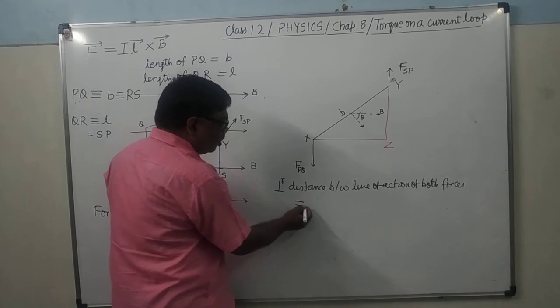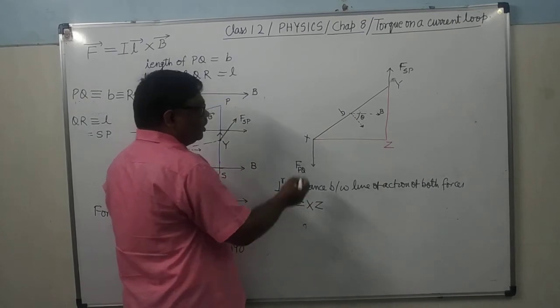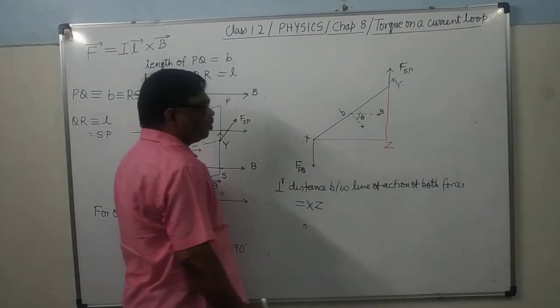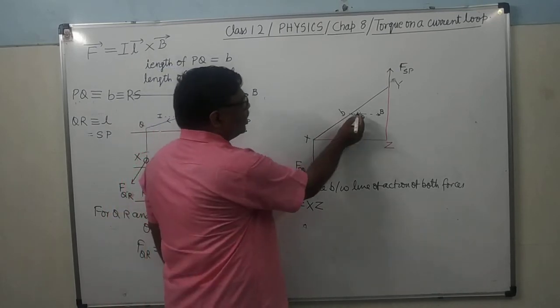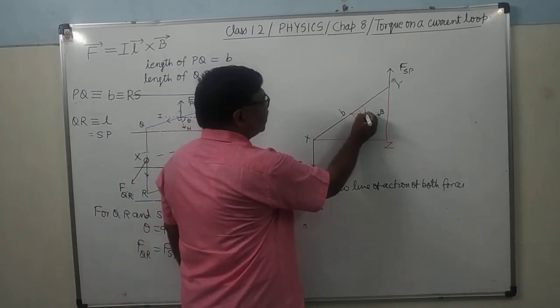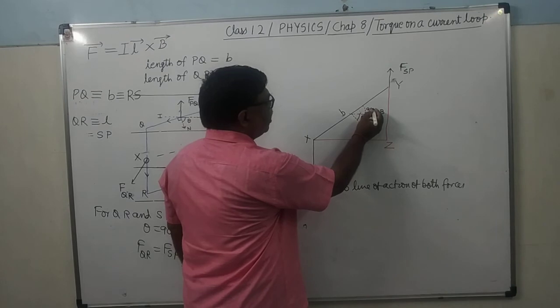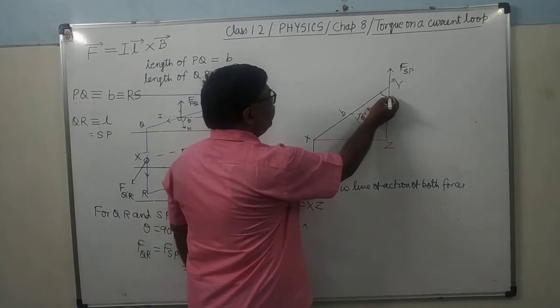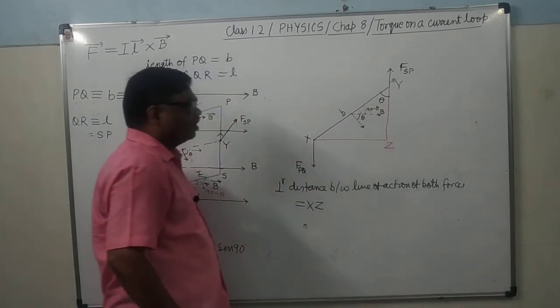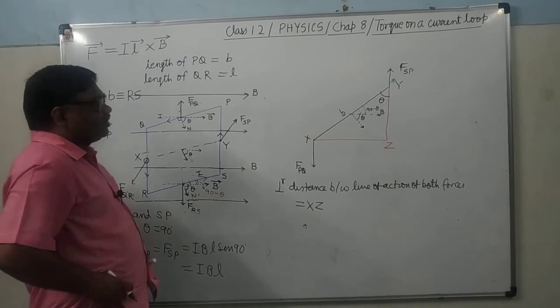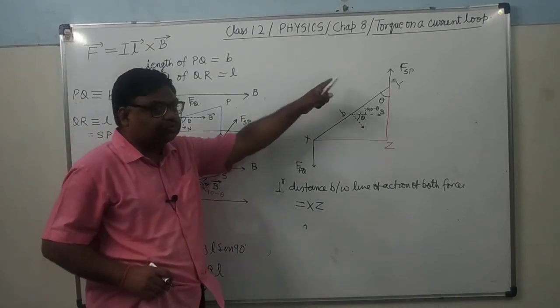Here it is given xy is equal to b. Now see here, this angle is theta, so what will be this angle? This will be 90 minus theta. So what will be this angle? It will be theta. So we will find xz in terms of xy.